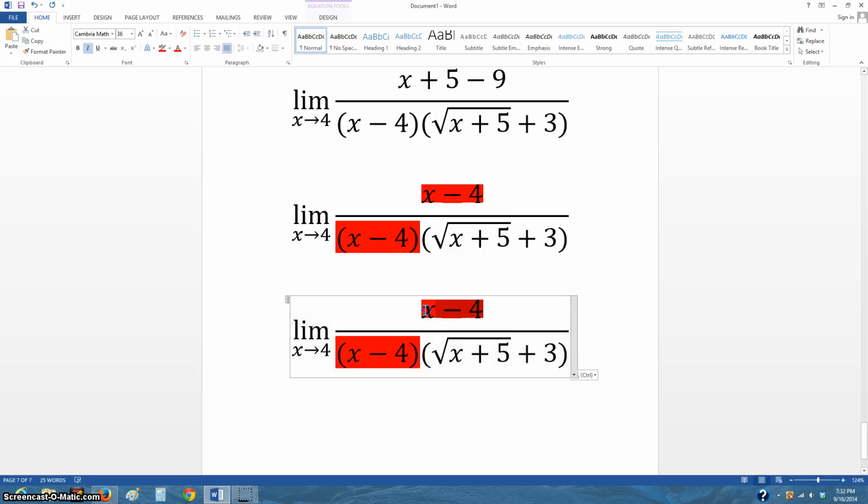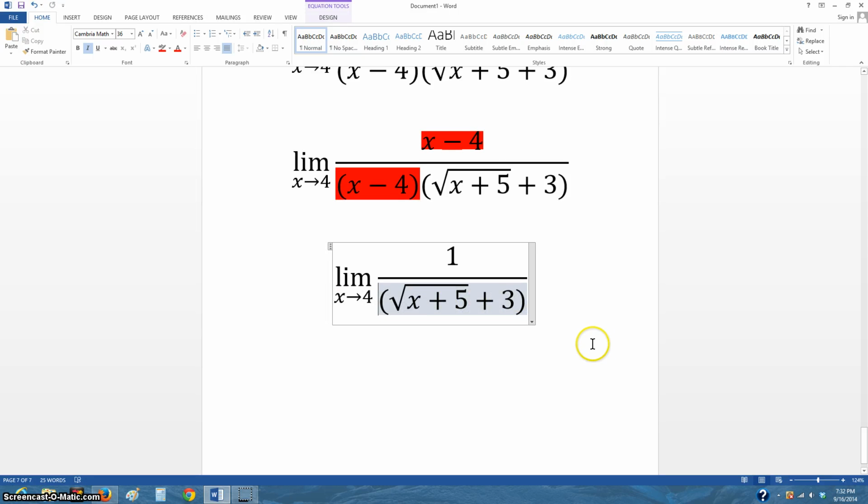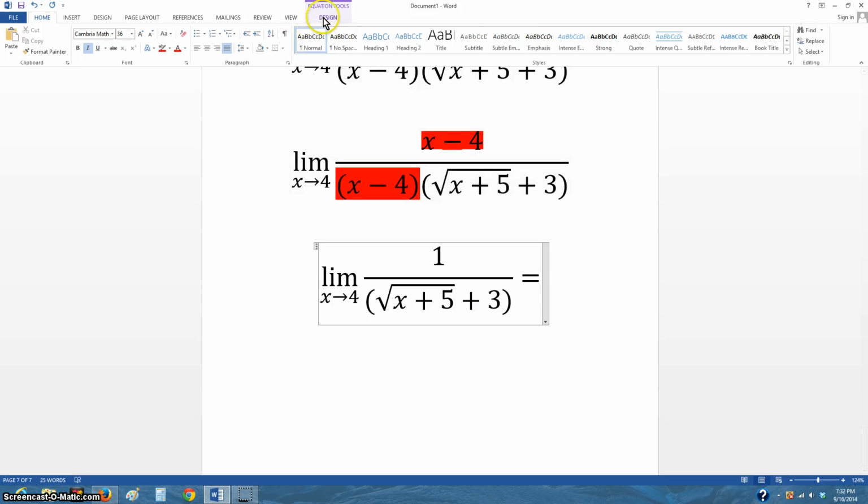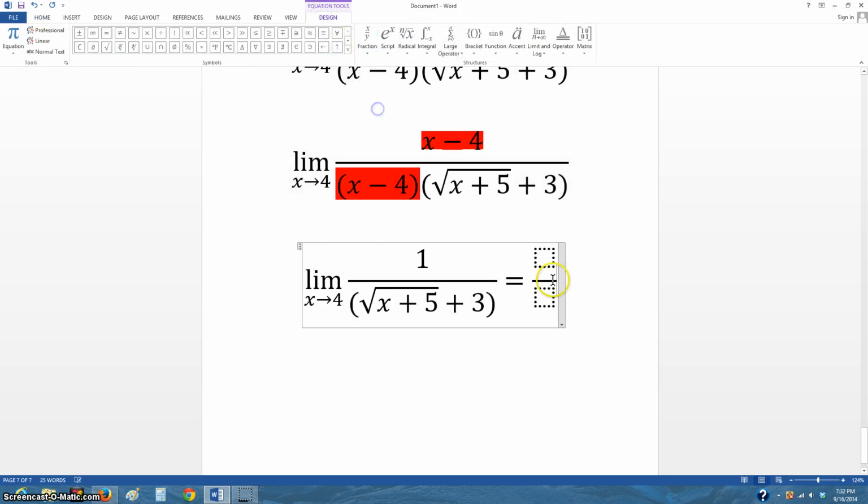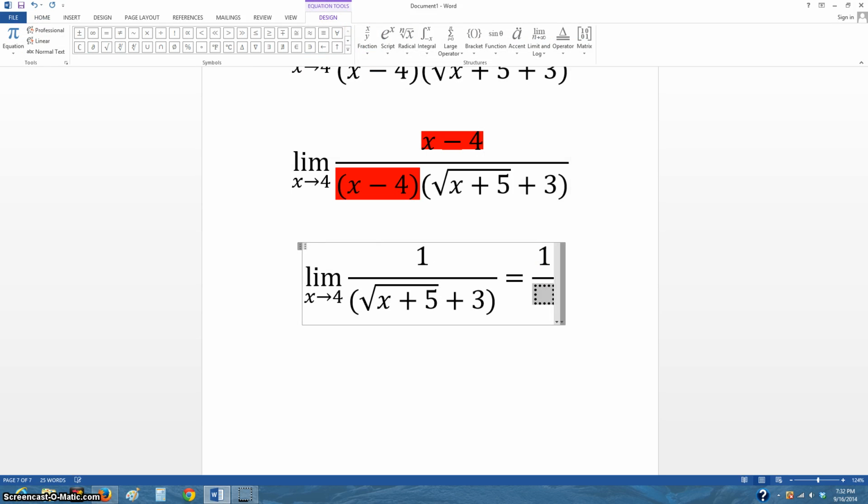This will cancel. And now I can do direct substitution. So if I direct sub, I have 4 plus 5, which is 9. The square root of 9 is 3. Plus 3 is 6. So I have 1 over 6 as my answer.